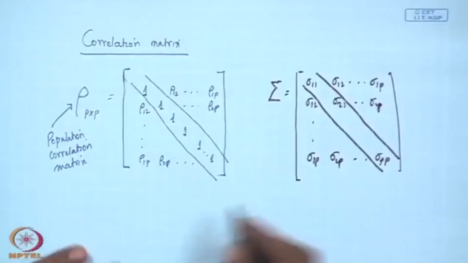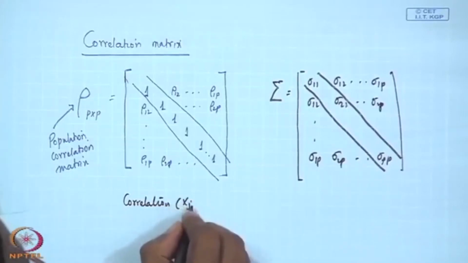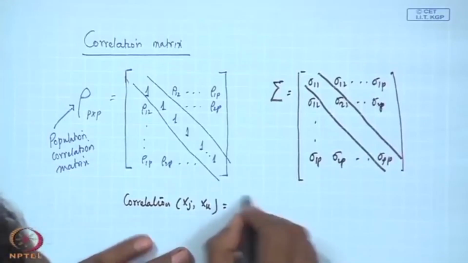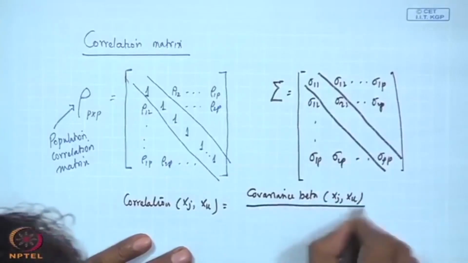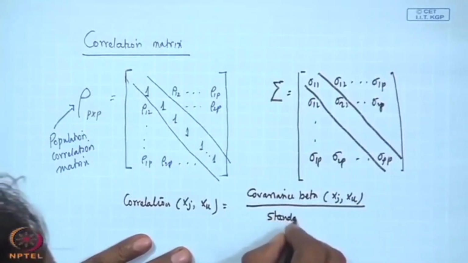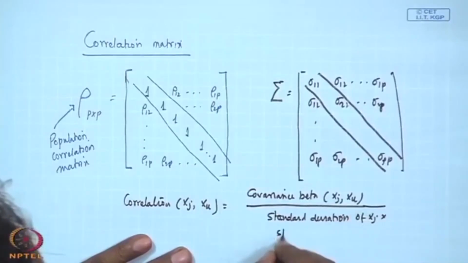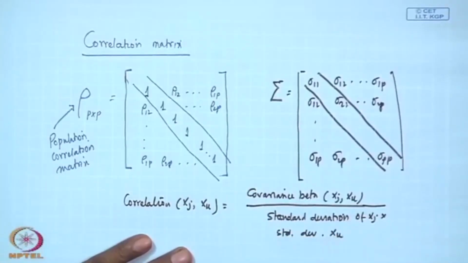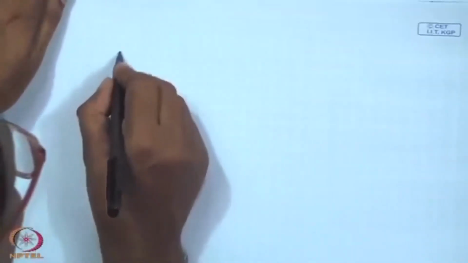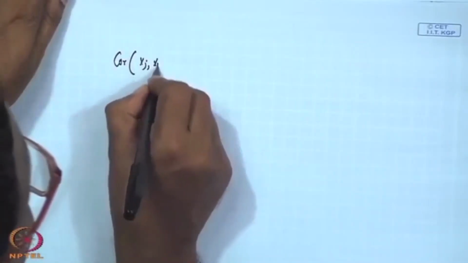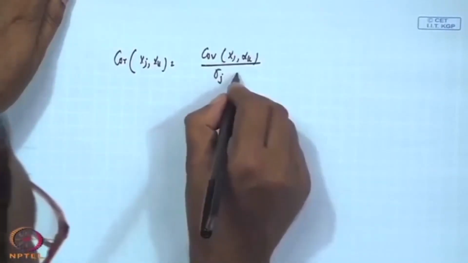Okay. So, if you see what is the correlation between xj and xk, then you can write this as the covariance between xj and xk divided by the standard deviation of xj times the standard deviation of xk. Mathematically, the correlation of xj and xk is the covariance of xj and xk divided by sigma j sigma k.